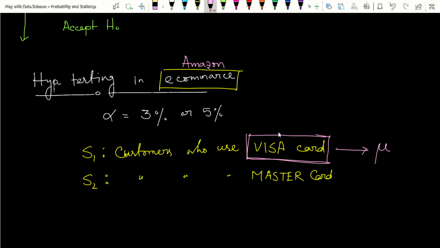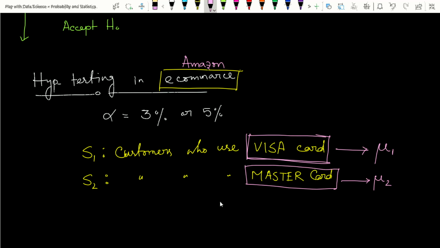Suppose the mean that we got is mu1. Similarly for the mastercard users, in which e-commerce website do they prefer to shop? So they will get mu1 and mu2.